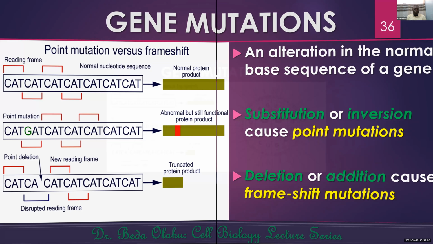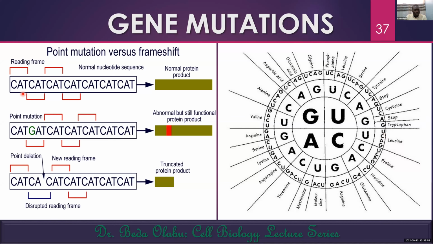Okay, having said so, let's look at this. Still the same example I gave you. So CAT, CAT, CAT, CAT. If you look at this CAT, T means U, that means histidine. So this is a protein that is just formed of histidine throughout. Let's say that's the normal one. If you have a point mutation, we'll have CAT histidine, but then the second amino acid there will not be histidine.